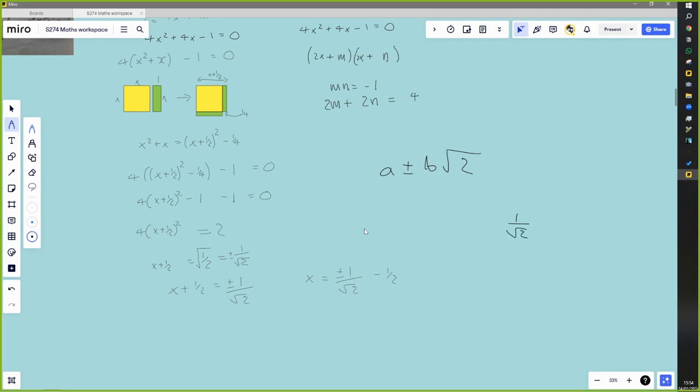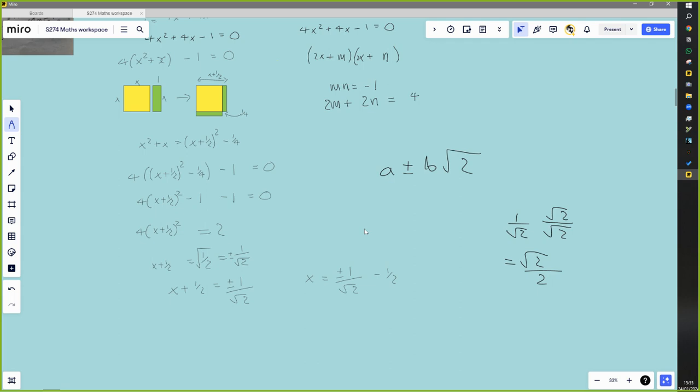To rationalize this denominator, I'm going to multiply it by root 2 over root 2, because root 2 over root 2 is just 1, so I'm allowed to do that. I'm not changing its value. This is the way to rationalize these kinds of surds. The top part just becomes root 2, and the bottom part becomes 2.